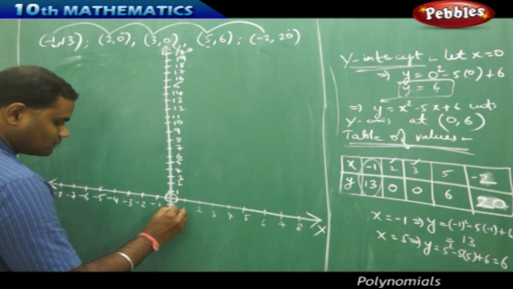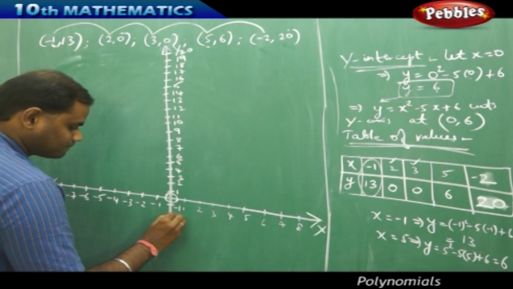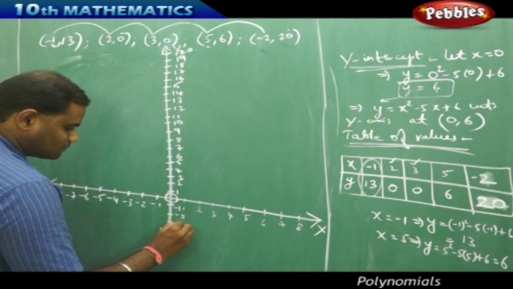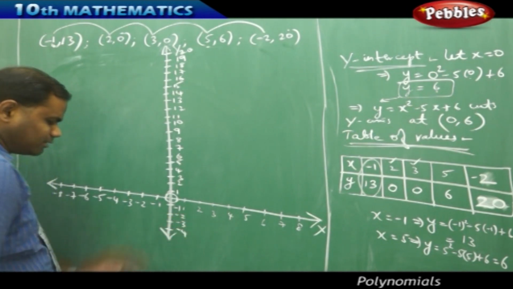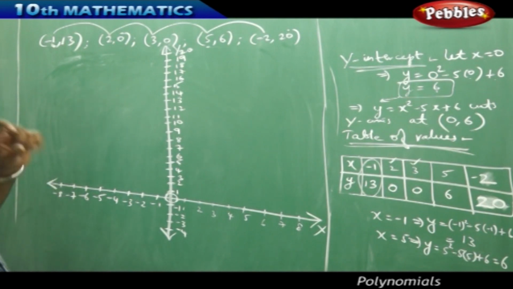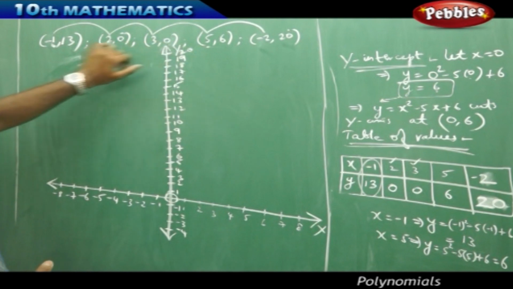And of course, with this would be -1, -2, -3, -4, etc. Now let me start plotting each of the points as obtained here.